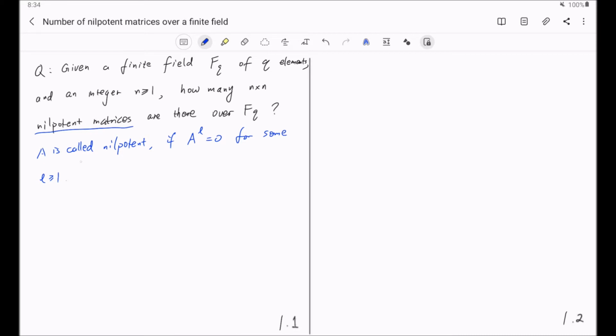And let's fix the notation here. We denote the set of all n by n matrices over F_q by M sub n of F_q.